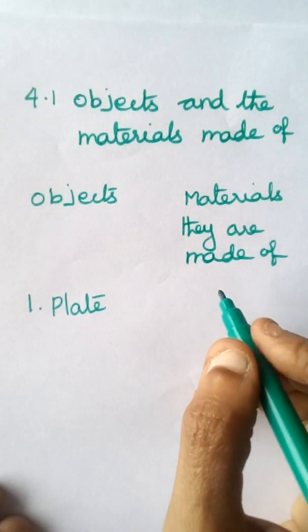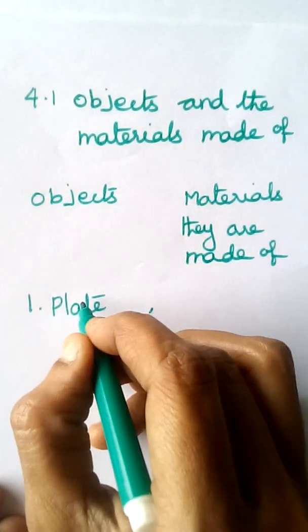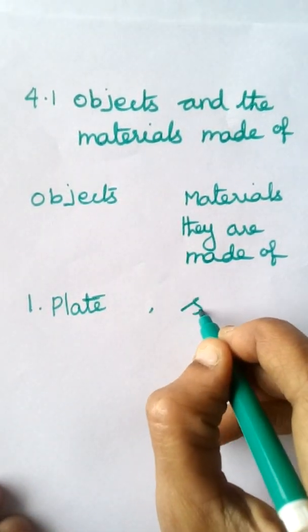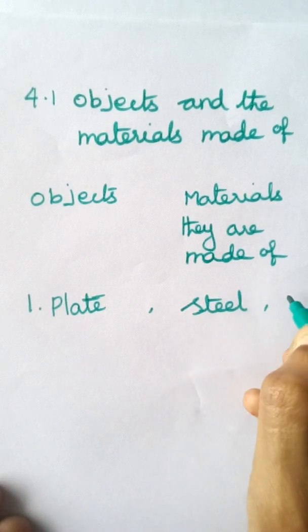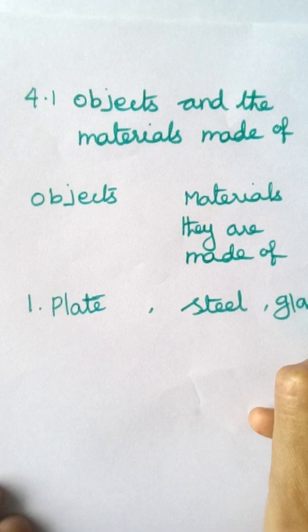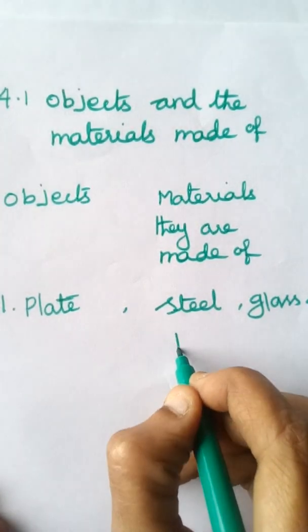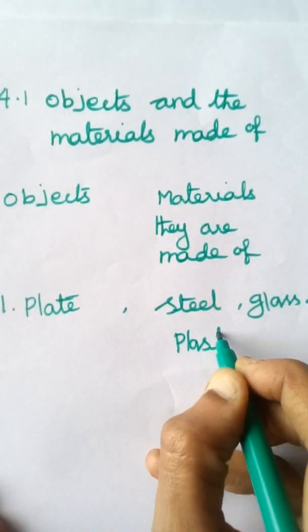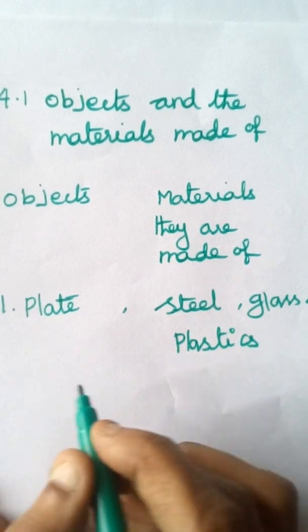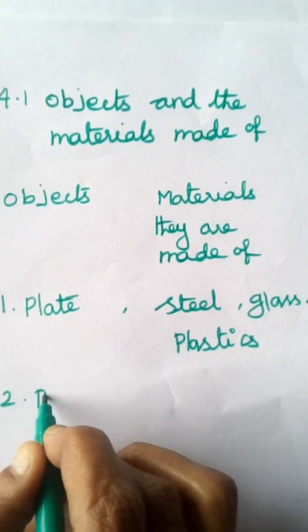The materials they are made of are a variety. Plate, how is the plate made? Steel, glass and plastics. Next one is the pen.